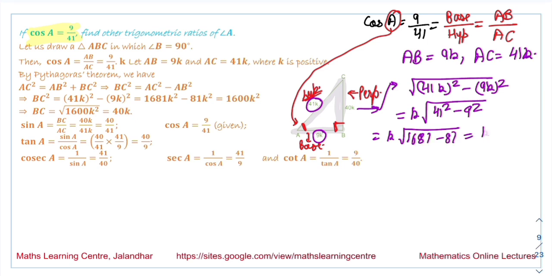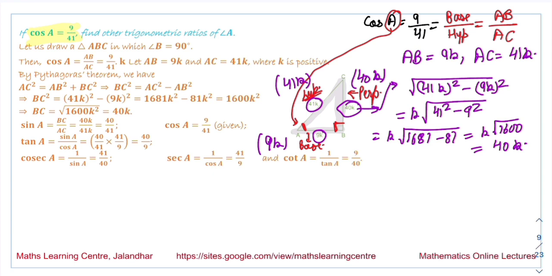That is K into the square root of 1600, and this comes out to be 40K. So the length of the perpendicular is 40K, the hypotenuse is 41K, and the base is 9K.